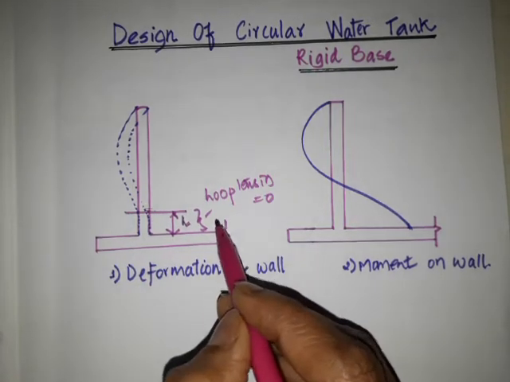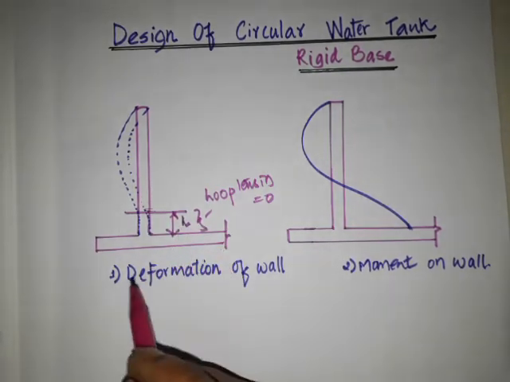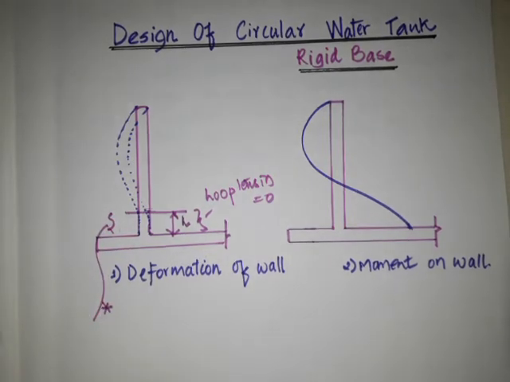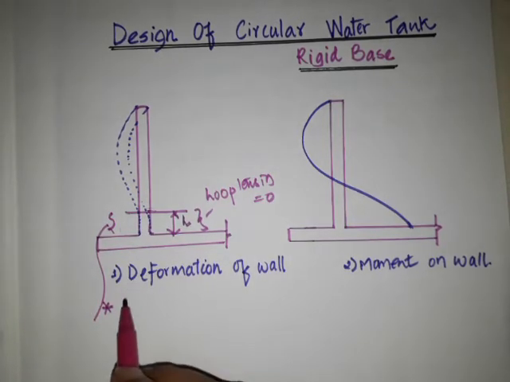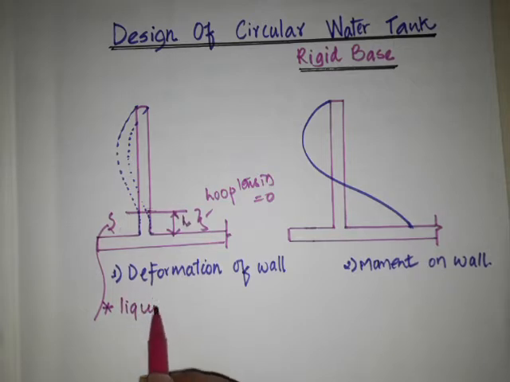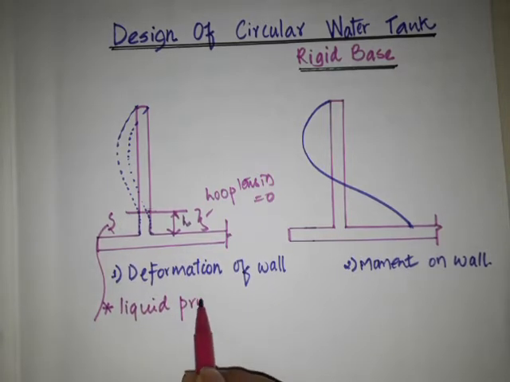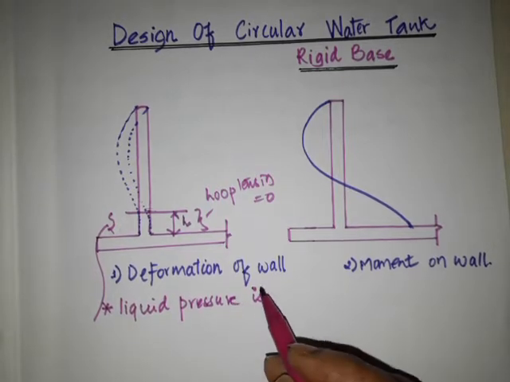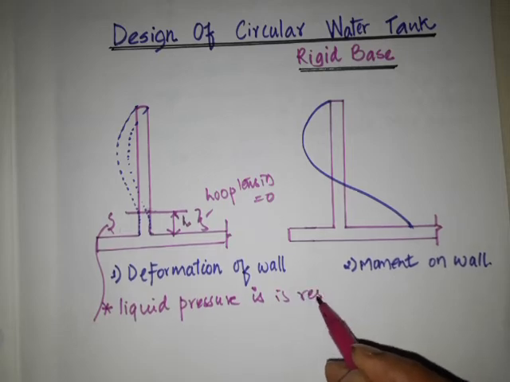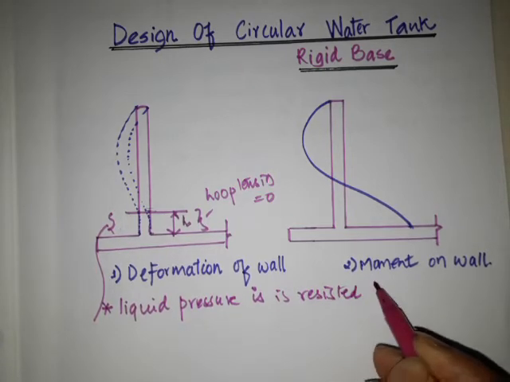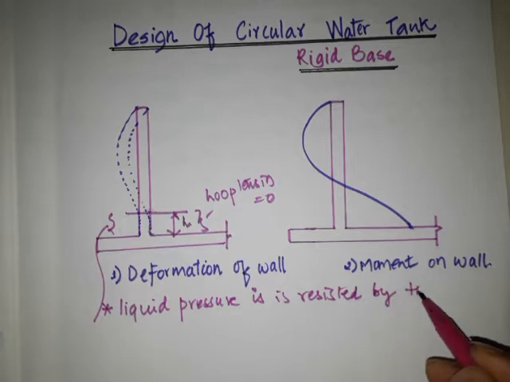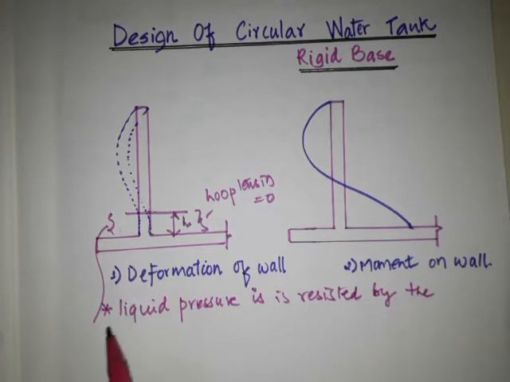So in this zone, for this height, this is very important students, the liquid pressure is resisted by the cantilever action in the vertical direction.